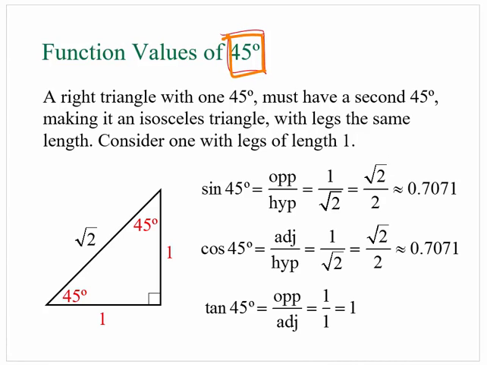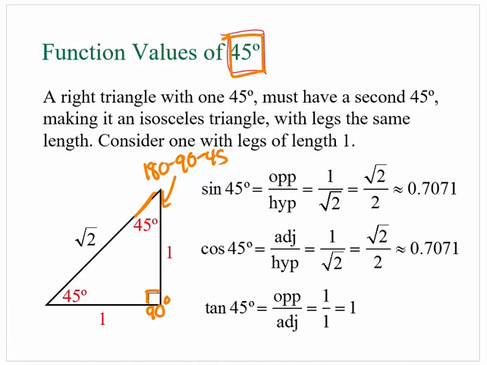Knowing that a right angle is 90, and if one of the other angles is 45, then by definition of a triangle, the last angle must be 180 minus 90 minus 45. So when we have a right angle triangle that has an angle of 45, that means the 2 angles are 45. What that also tells us is that the lengths have to be identical.